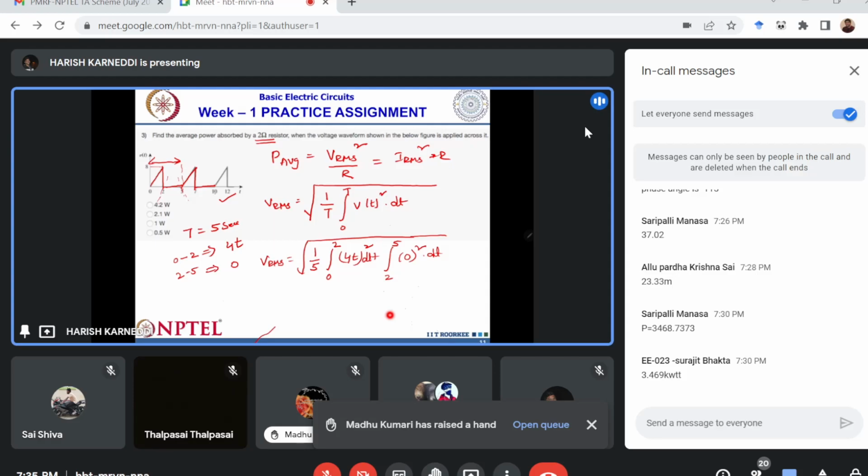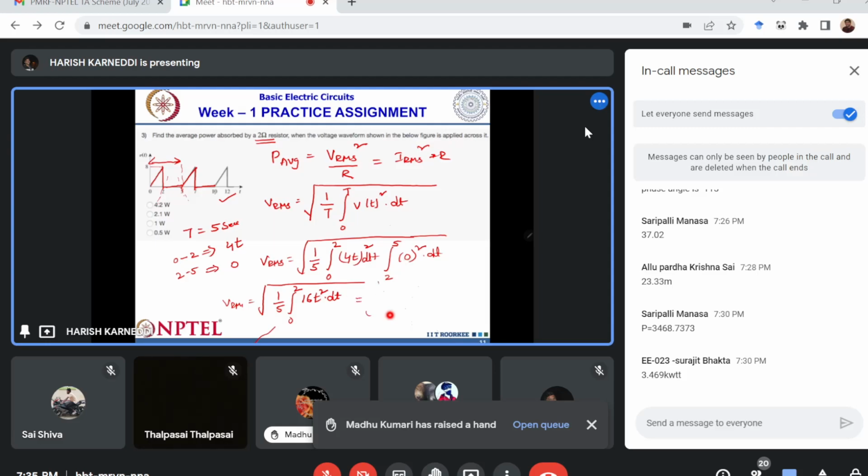So Vrms equal to 1 by 5 integral 0 to 2 of 4t whole square. What is this value? 4 square into t square, right? It is 16 t square into dt. This 0 square equal to 0, right?